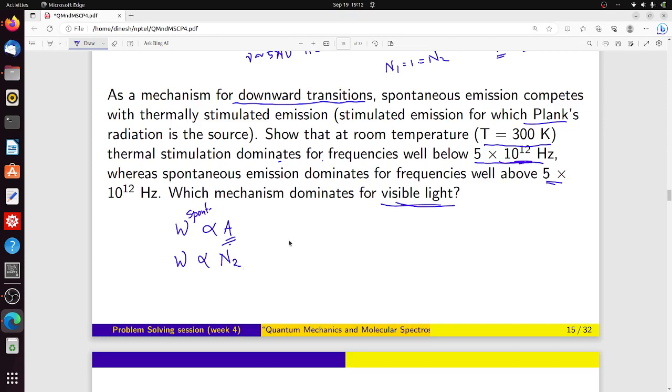So let's say this is N2 and we have considered this to be 1. So this will only be proportional to A. So let me write the correct form.